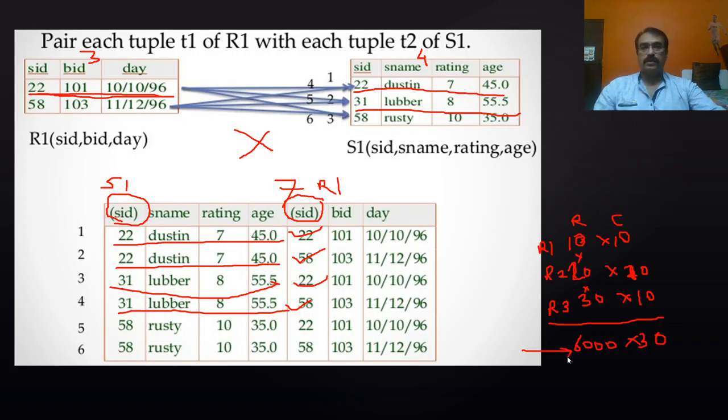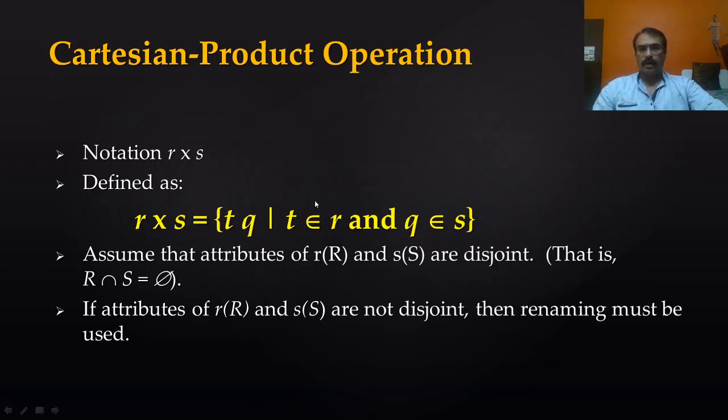Fine. So this is the formal definition of the Cartesian product, where R into S will be formed. In this case, tuples t and q will be combined together, where t is from relation R and q is from relation S, and these may be disjoint.